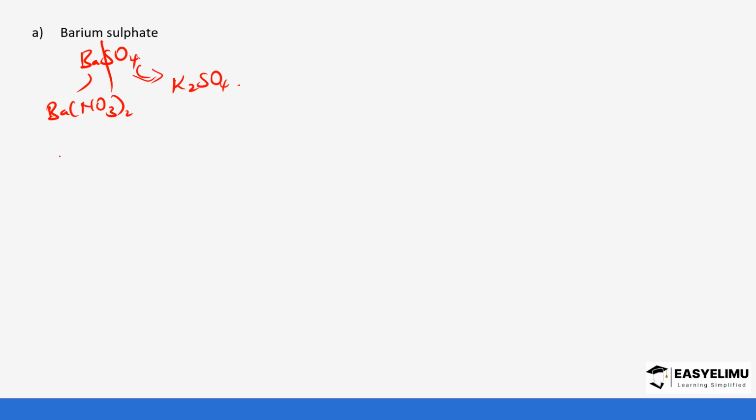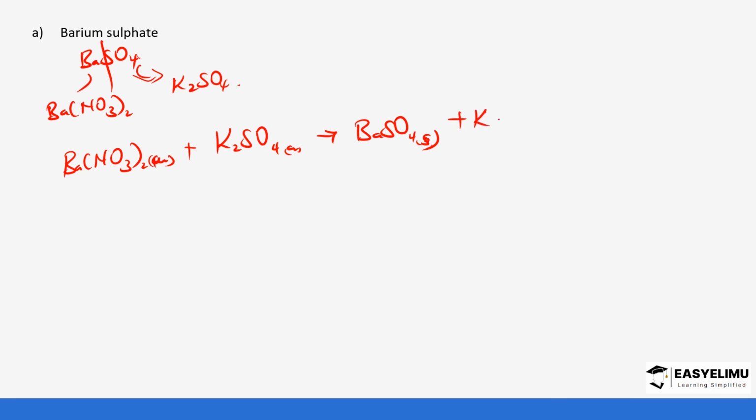So the equation is going to be formed when you react barium nitrate, which is aqueous, plus potassium sulfate, which is aqueous, to form barium sulfate. They interchange the ions, and barium sulfate is our final answer we need, plus potassium nitrate.